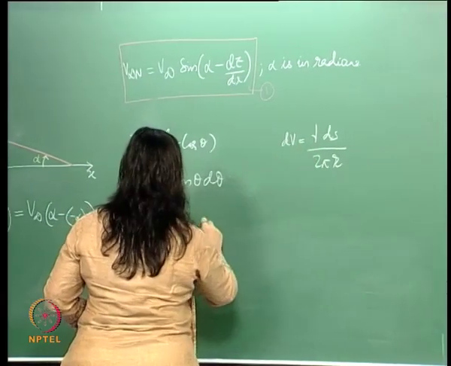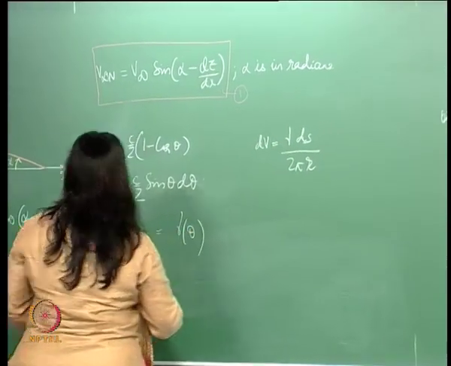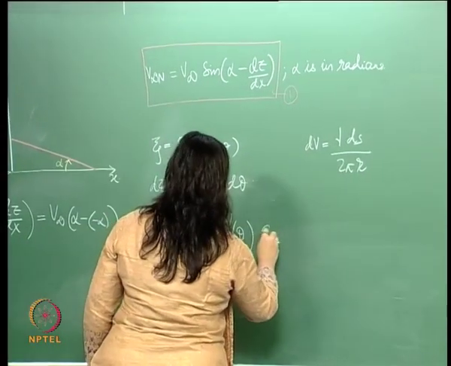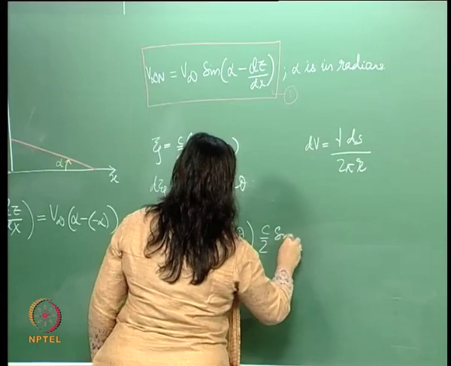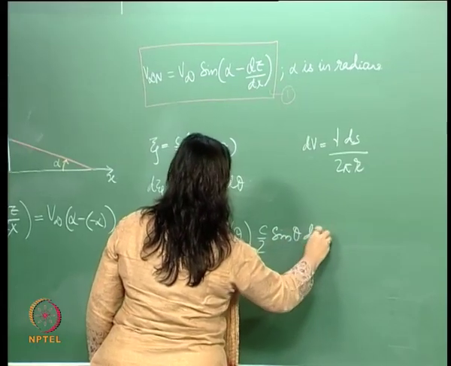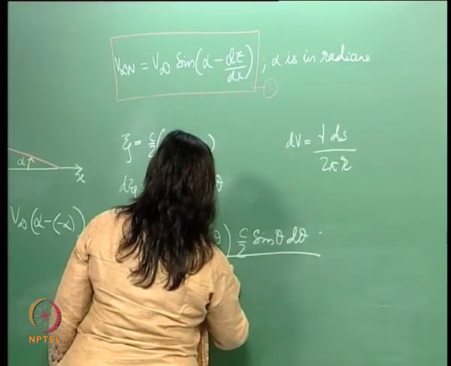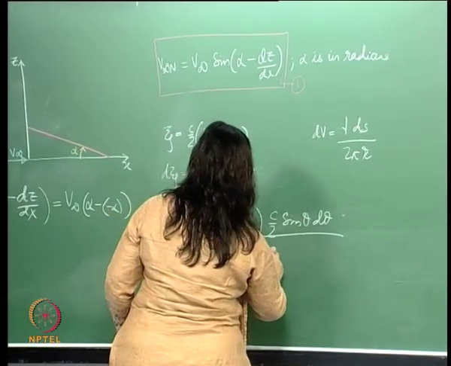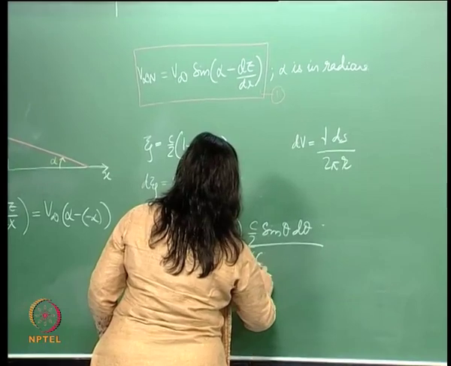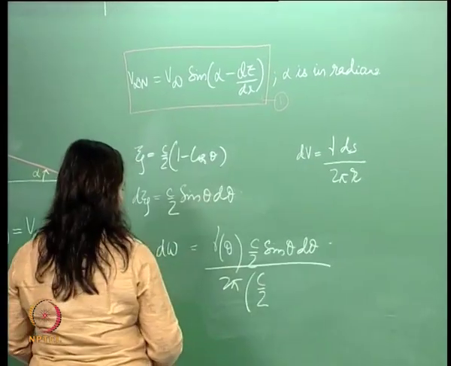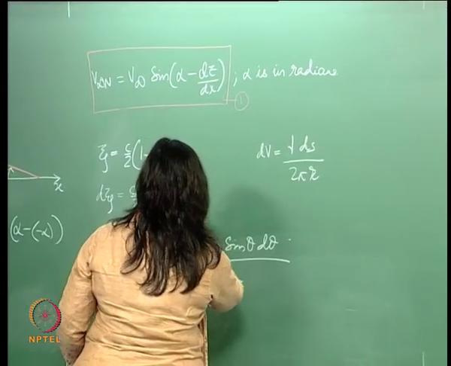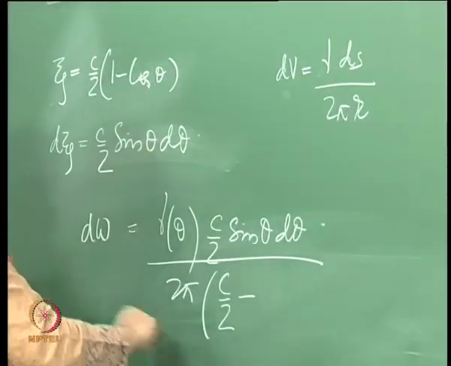So, this gamma I will write in terms of theta, and ds is dz here, which is c by 2 sine theta d theta by 2 pi. So, r, the total, is c by 2 minus z.